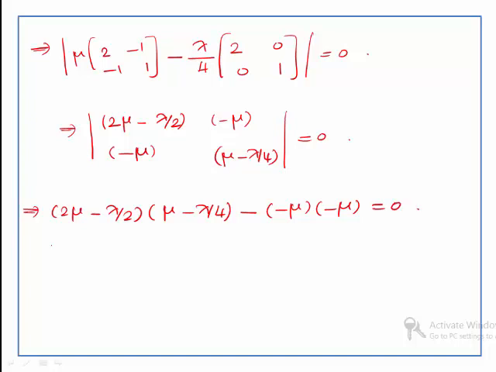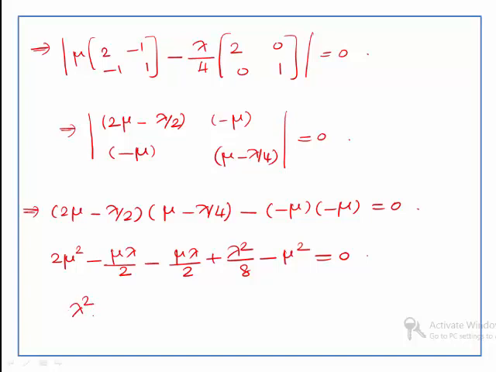Okay. So expand பண்ணலாம். 2 mu square minus mu lambda by 2 minus mu lambda by 2 plus lambda square by 8 minus mu square is equal to 0. Okay. So simplify பண்ணீங்க அப்படின்னா lambda term first எடுத்துக்கிறேன்.